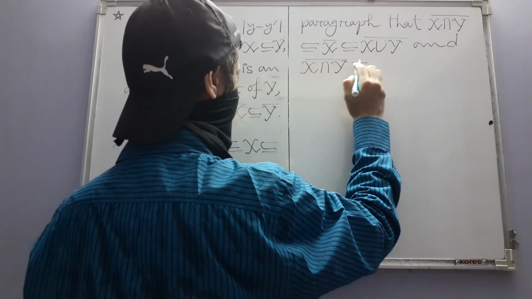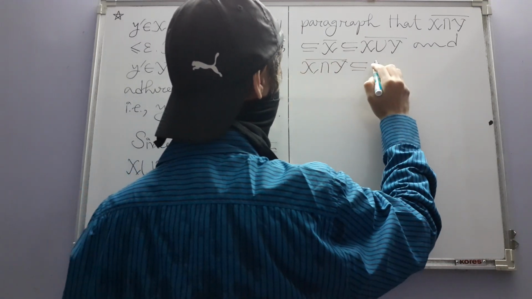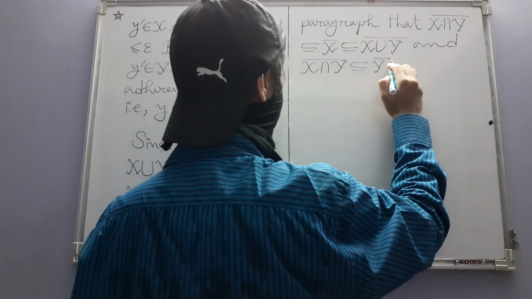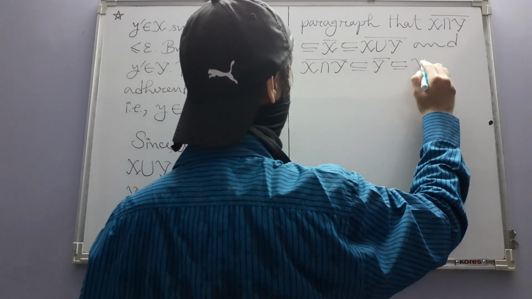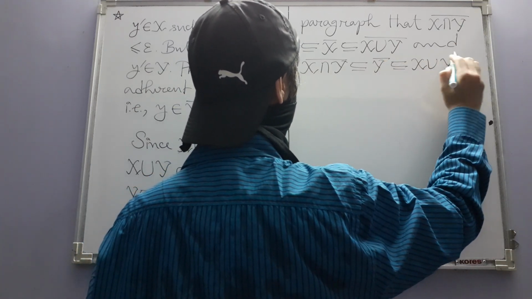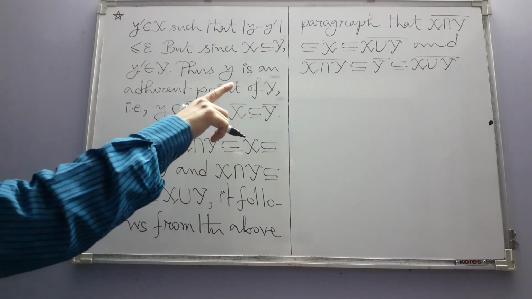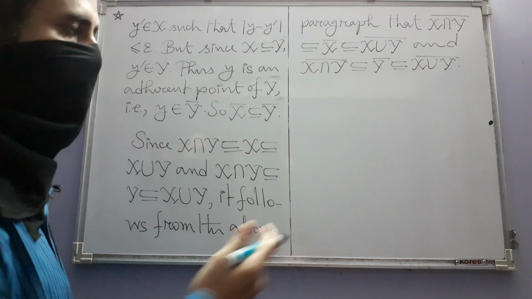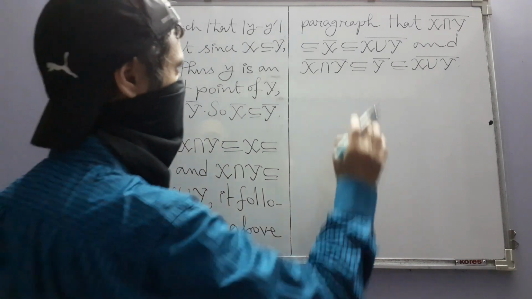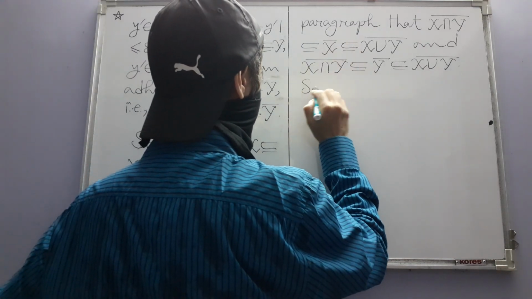Just like that, the closure of X intersection Y is contained in the closure of Y, which is contained in the closure of the union of X and Y. Now from these containments, we are further going to get these next things.